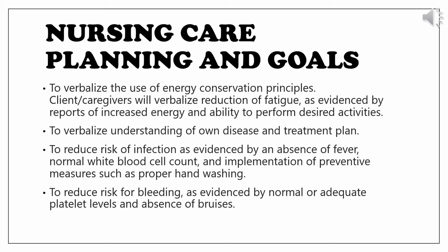Third is to reduce the risk of infection as evidenced by the absence of fever, normal white blood cell count, and implementation of preventive measures such as proper hand washing. And the last one is to reduce the risk of bleeding as evidenced by a normal or adequate platelet level and absence of bruises.